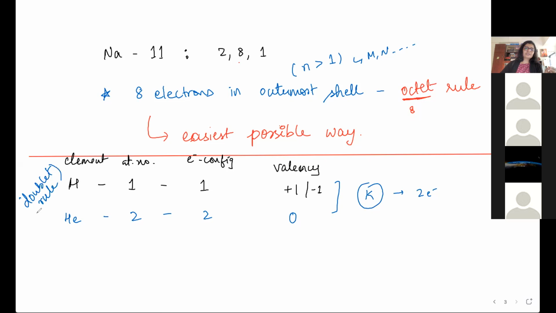So these two will aim to get 2 electrons in the outermost shell. So yeah, helium is 0. It's not going to react because its shell is full. It doesn't need any more electrons, or it doesn't need to lose any electrons.